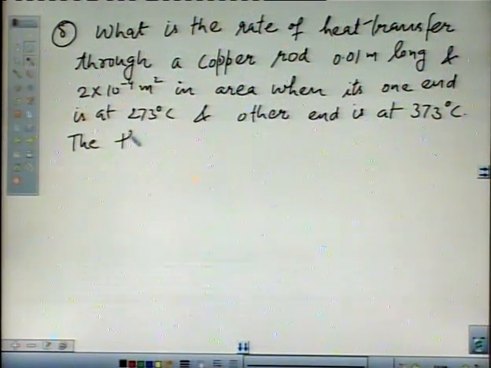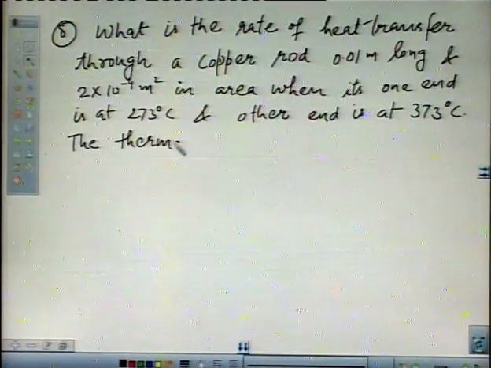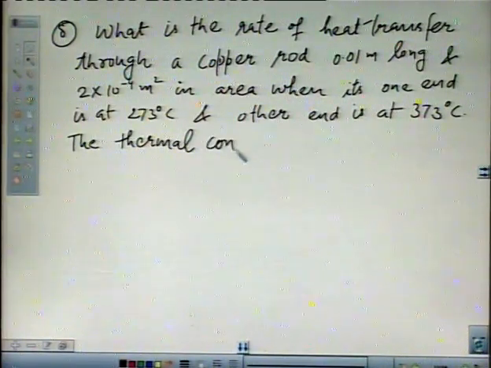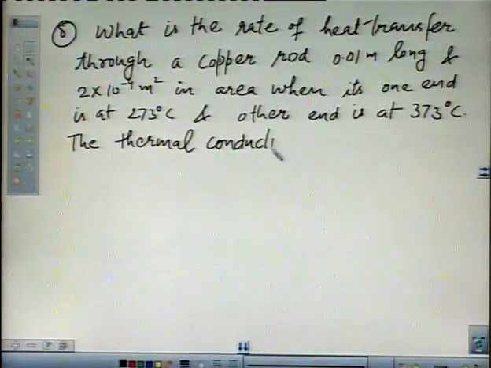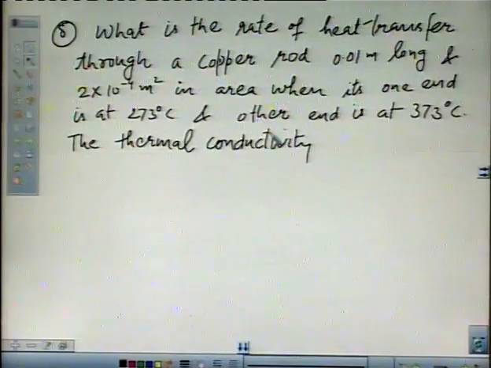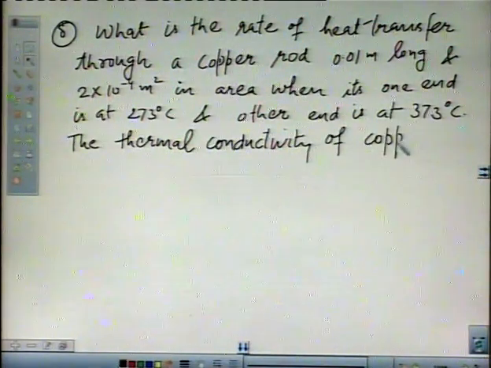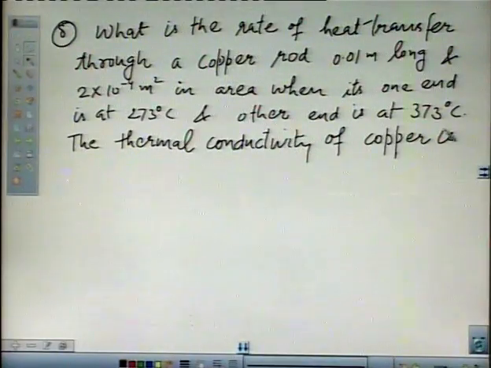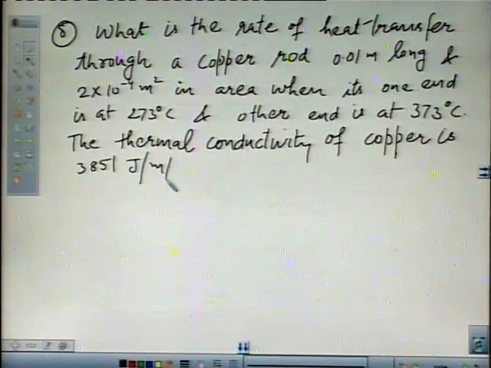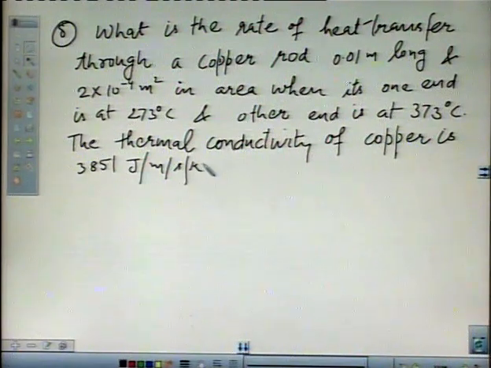The thermal conductivity of copper is 385 joule per meter per second per Kelvin.